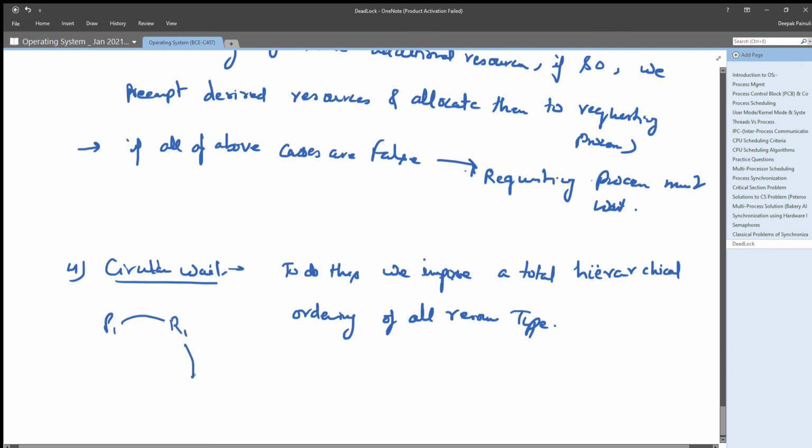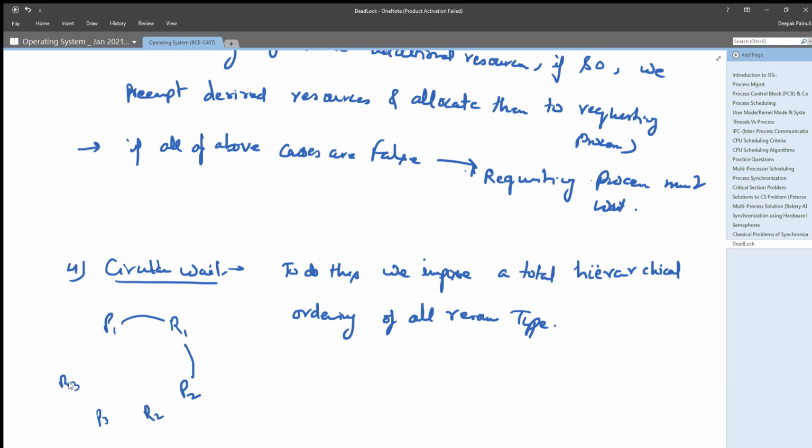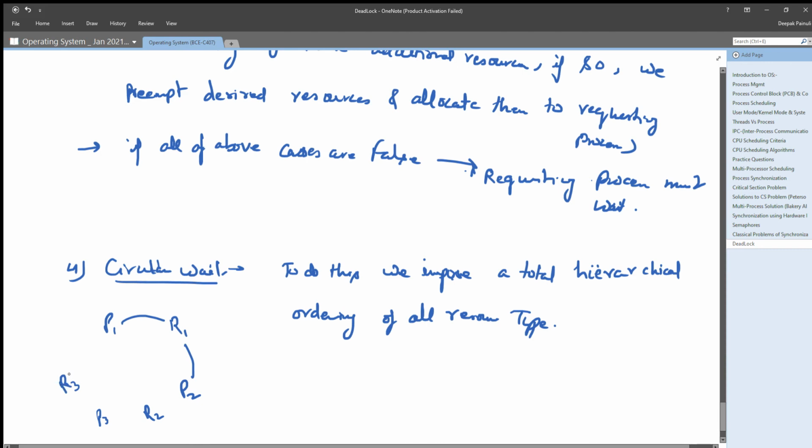We can break looping. Let us say we have P1, P2 and P3, and the circular wait is simply R1, R2, R3. This is a circular wait, right?